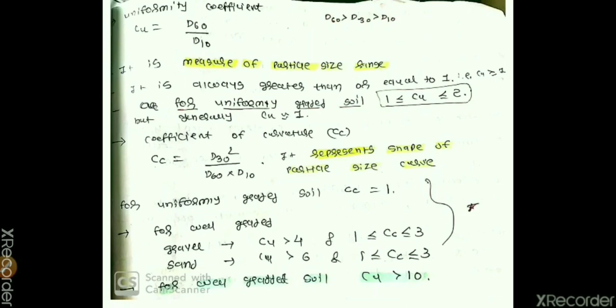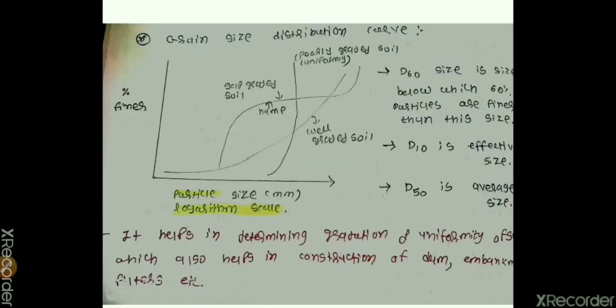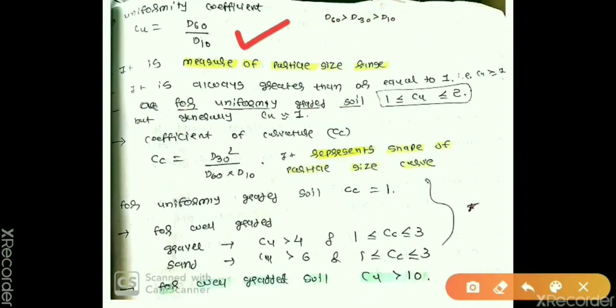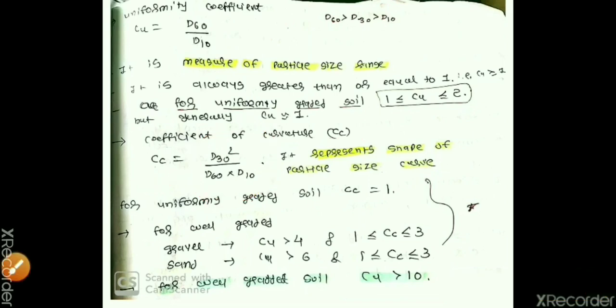Uniformity coefficient Cu is equal to D60 upon D10, and the curvature coefficient Cc is D30 square upon D60 into D10. According to these, we can find which type of soil it is.